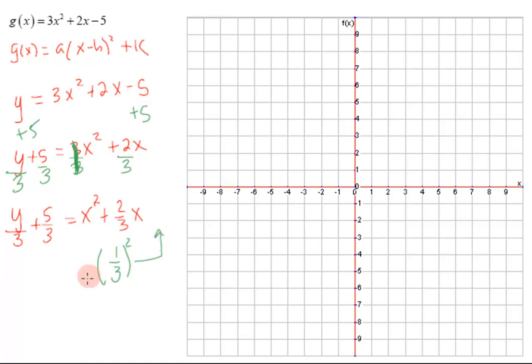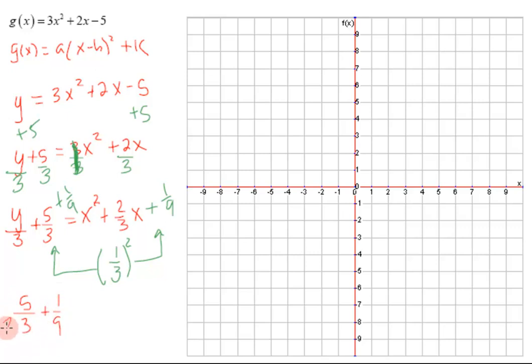And I'm going to add it here and here, right? So I took half of that and squared it. Squaring it is the 1/9, so I'm going to add a 9th, and I'm going to add a 9th. Alright, so let's do that. Change it back to my red. So 5/3 plus 1/9. Okay, you can go back to a calculator, or I'm going to do it as scratch work here. 5/3 plus 1/9.